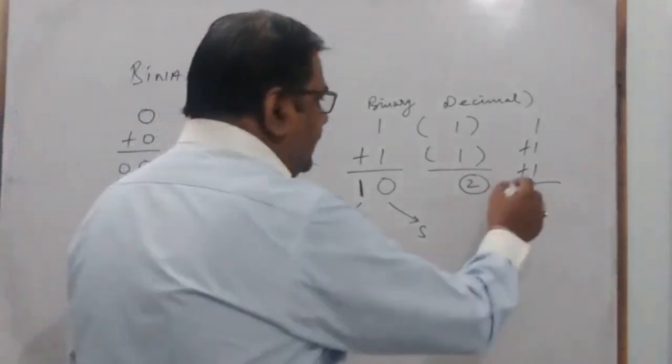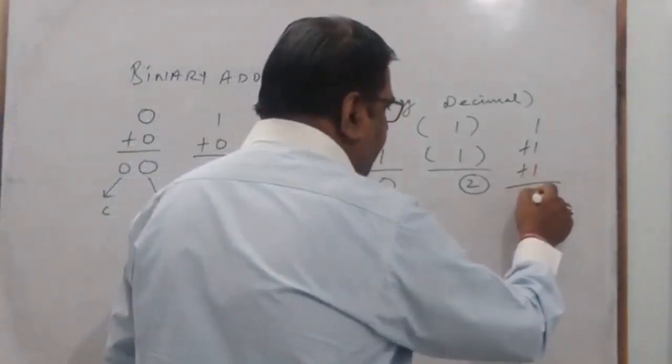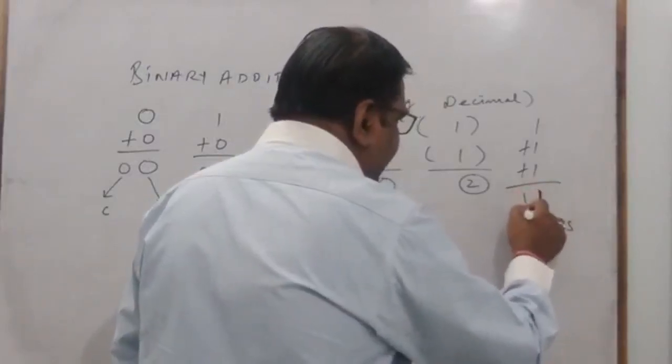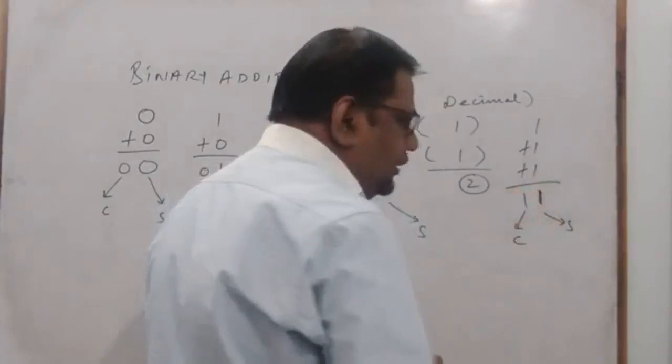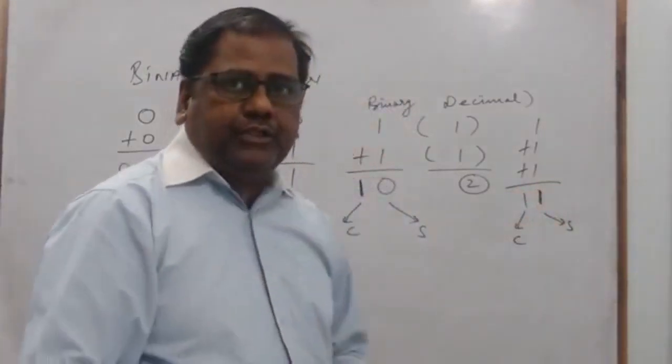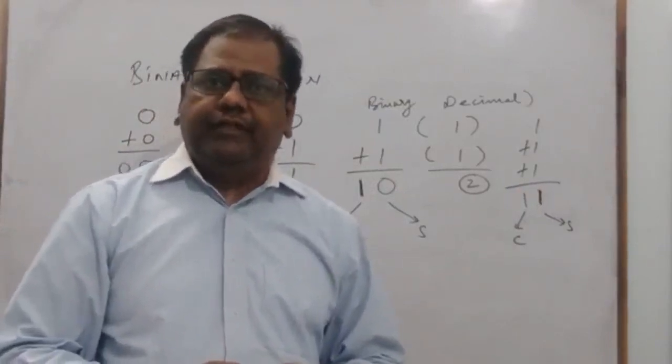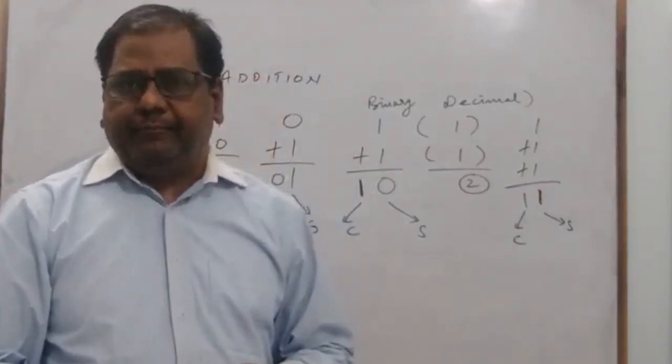Therefore, when we are adding three binary bits, the sum result is 1 and the carry result is also 1. So when we are adding three ones altogether, 1 is your sum and 1 is your carry.